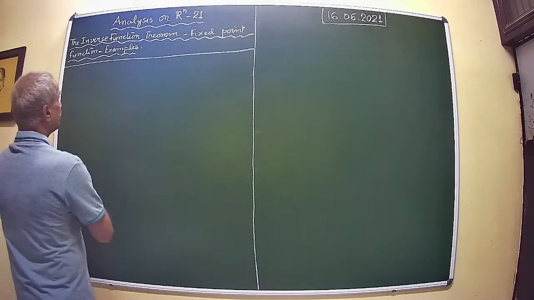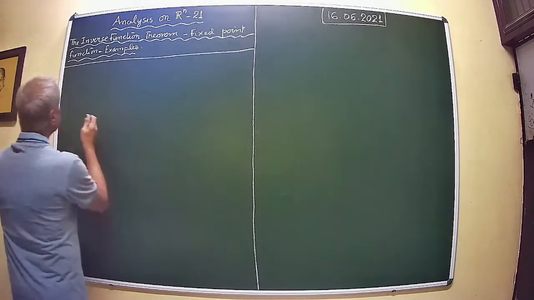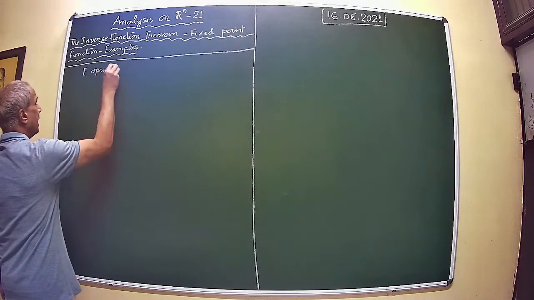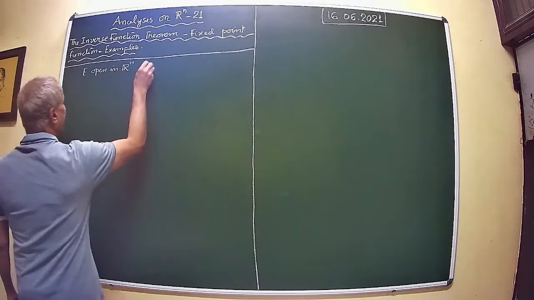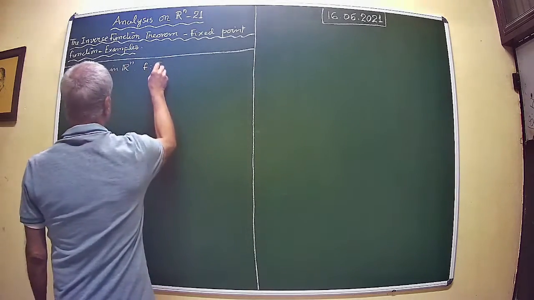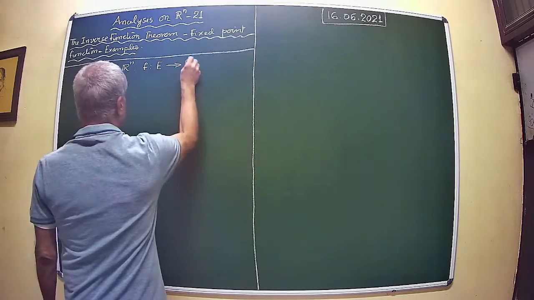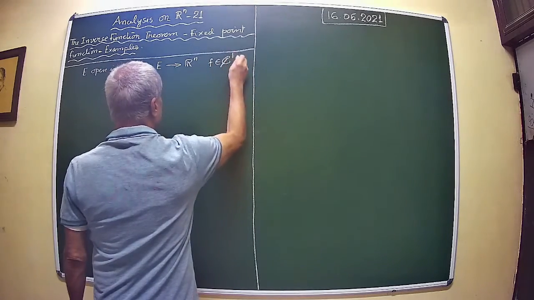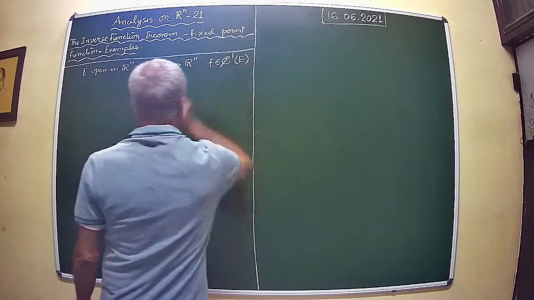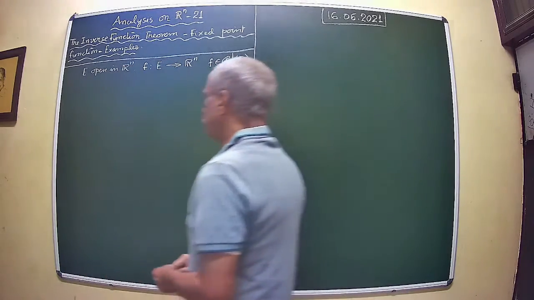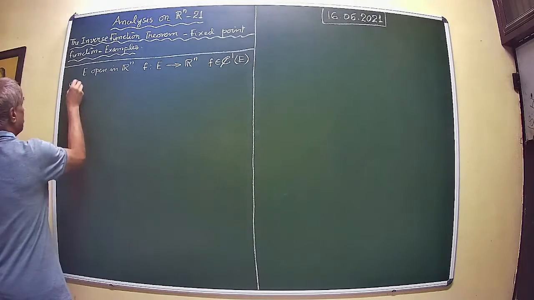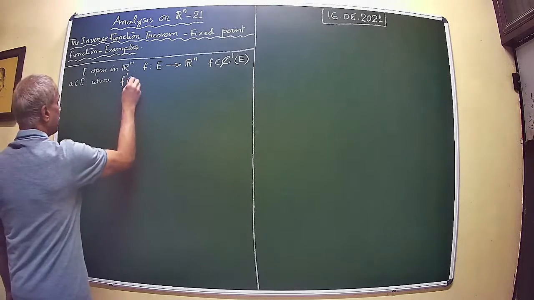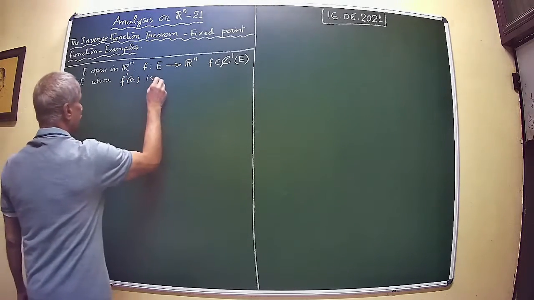So the problem was this: you had E open in Rn, and F was a map from E to Rn. F was assumed to be a C1 function on E. Then we assumed that A belongs to E, where F derivative of A is invertible.